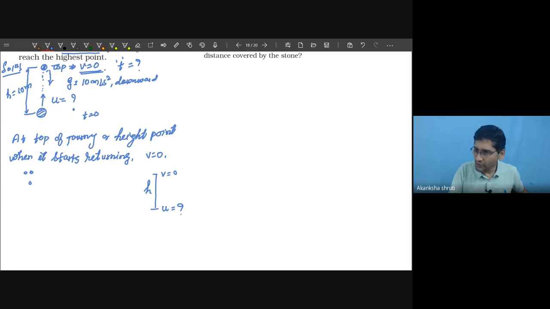Since the body is under free fall, under gravity, there is always g, which is known to us. So its value is 10 meter per second square. Now, v square is equal to u square plus 2gh.